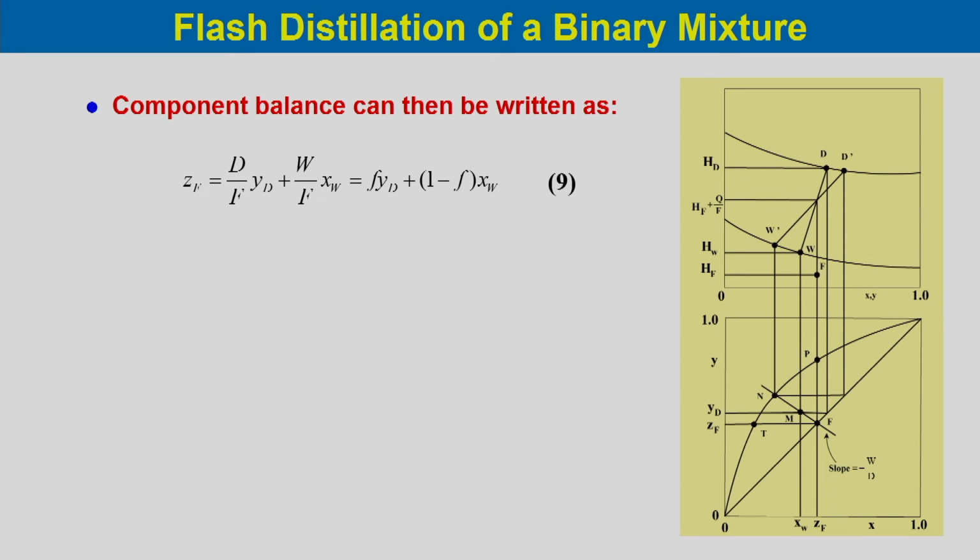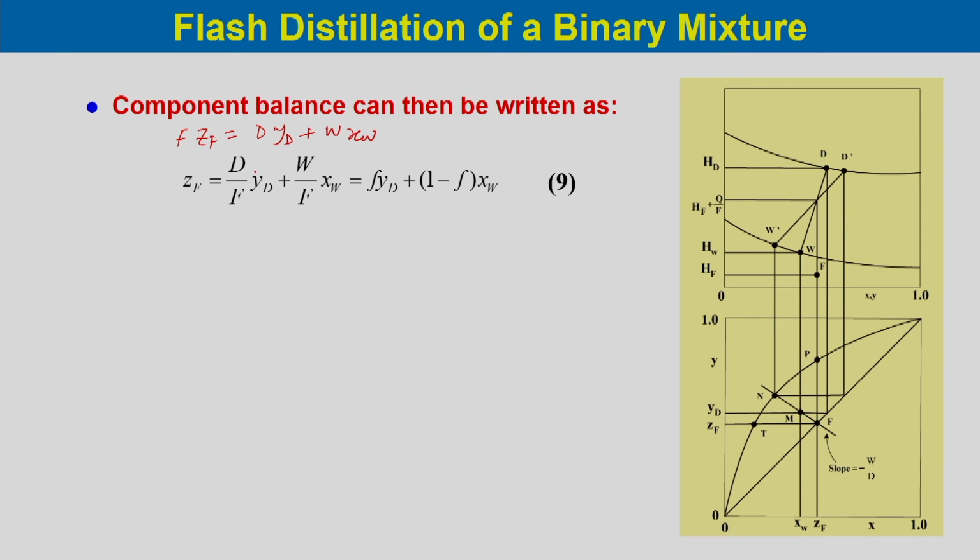From the earlier component balance, we can write F ZF is equal to D YD plus W XW. So, this is the balance equation.